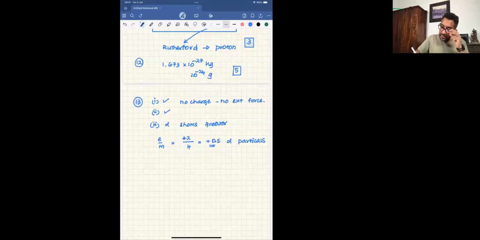Is it clear? Now, E divided by M ratio of a beta particle. Charge is -1. The mass is very small. Did you understand that? So if you look at this particle, it has a very, very high, large E divided by M ratio.